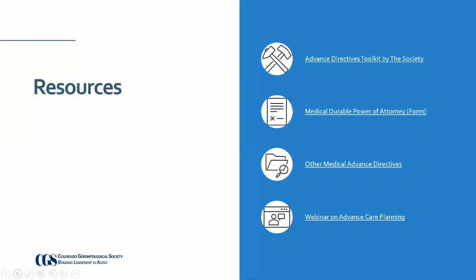So in this PowerPoint, I do have some resources for you. The Society has an advanced directives toolkit where you could download any of the forms that I've covered in previous webinars. In this webinar, you have access to the medical durable power of attorney. The information that I covered today, best practices are also there. If you're looking for other advanced directives, you could also look there.